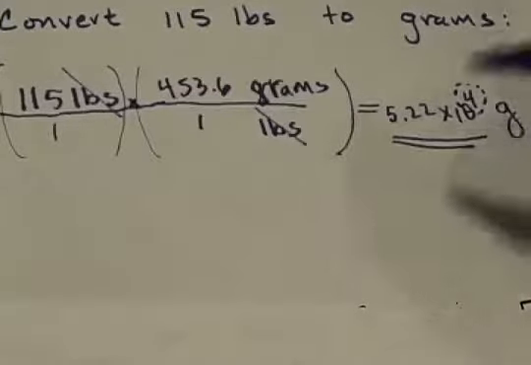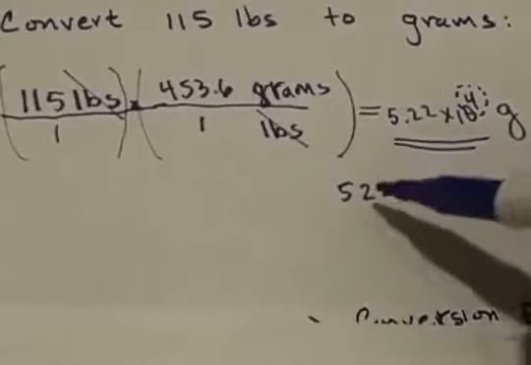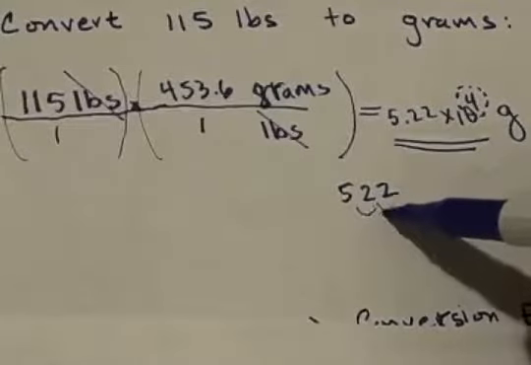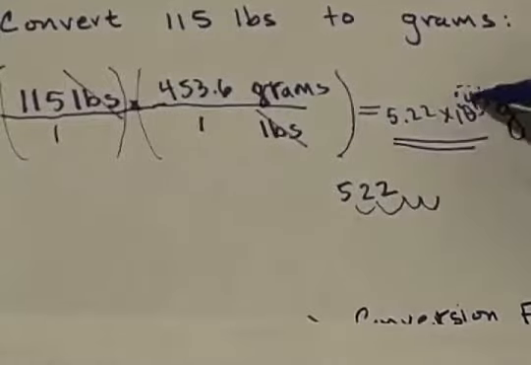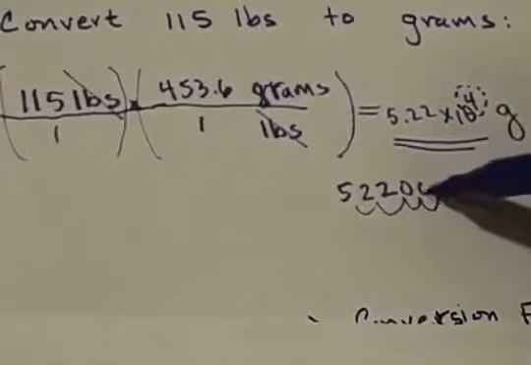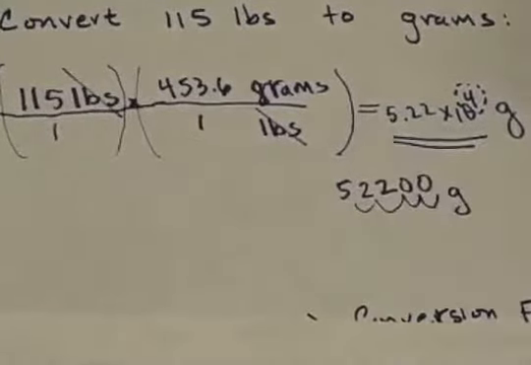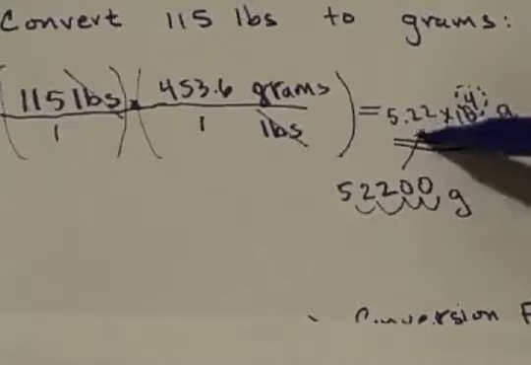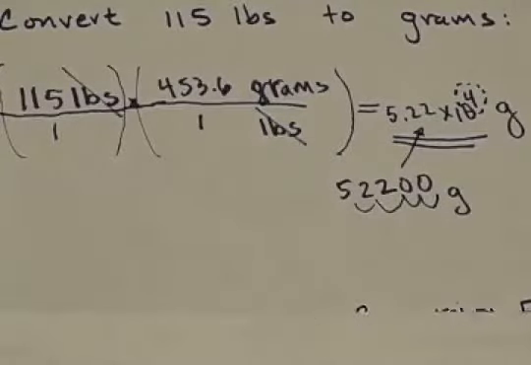So this number could also be written as 522, and we'd move the decimal point 1, 2, 3, 4 places, because this is to the 4th power. And so we'd have to put placeholding zeros right here, and this would be the same as 52,200 grams. Many times it's easier to write really large or really small numbers in scientific notation.